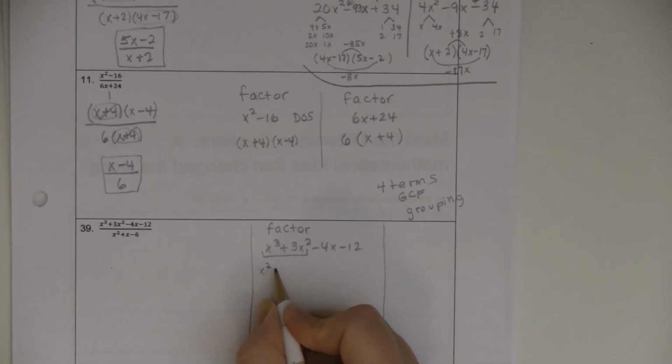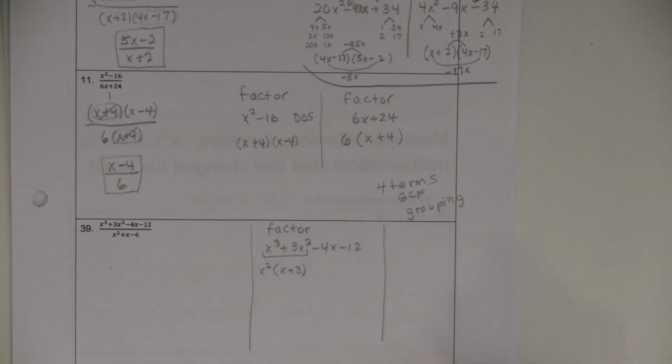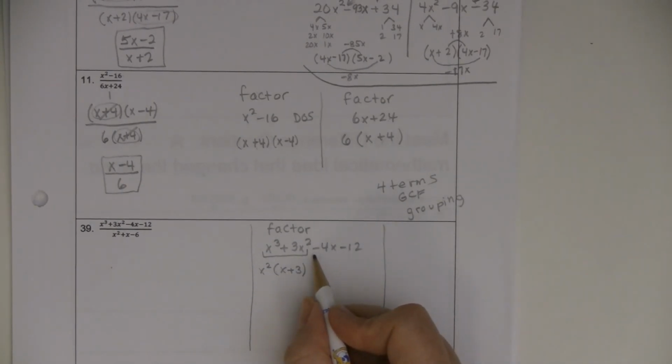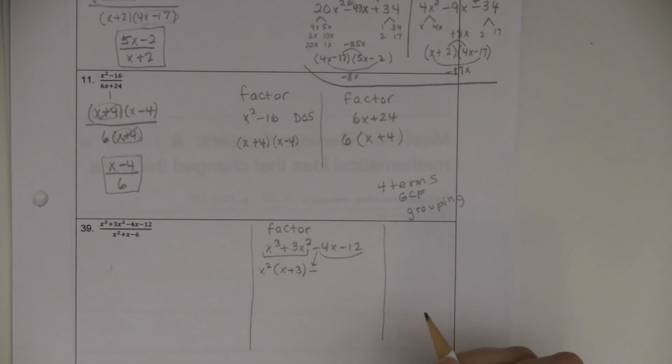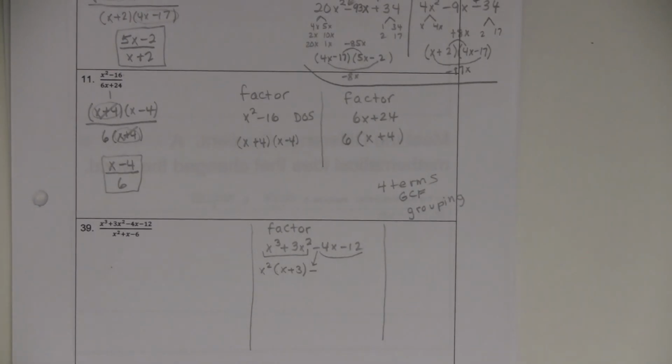So this is x squared is the common factor, x plus 3. And then the last, remember you bring down this sign, and what the last two have in common is, I'm going to group those together, and they're a binomial as well, and you start off with greatest common factor on everything, and they have 4 in common.